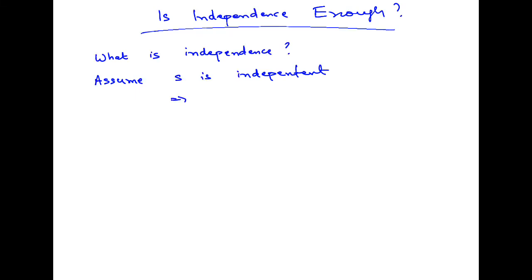What this means is Si, Sj are independent for all i not equal to j, and i less than or equal to n.